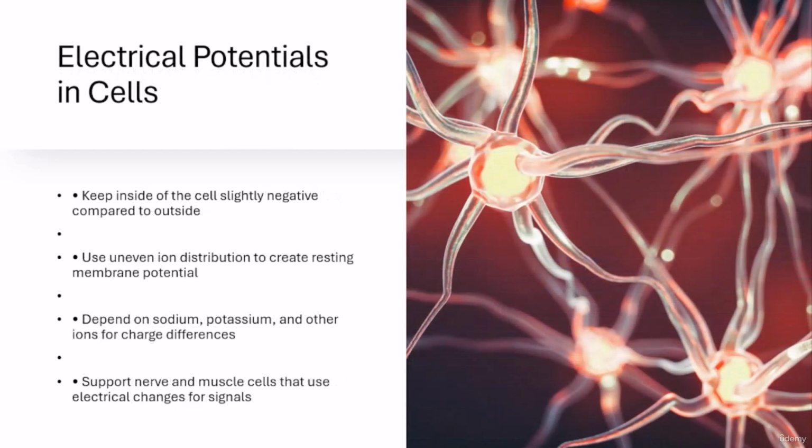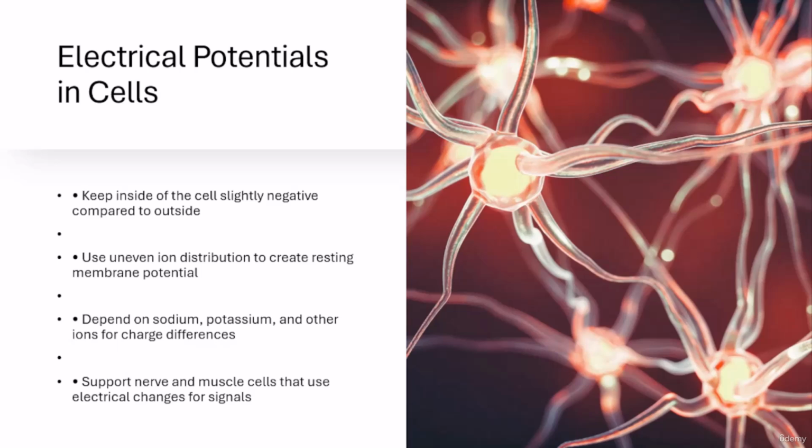Every cell has an electrical potential across its membranes, meaning one side has a slightly different charge than the other. And this difference exists mainly because of the movement of ions like sodium, potassium, and chloride. And when the cell maintains more negative charge inside compared to outside, we call it the resting membrane potential.